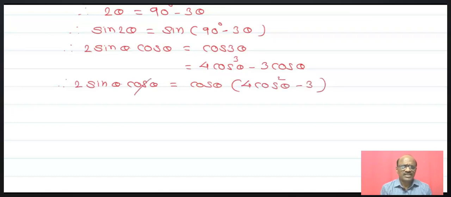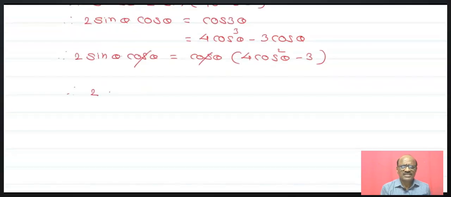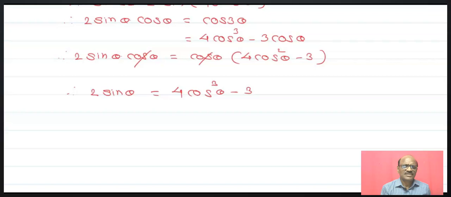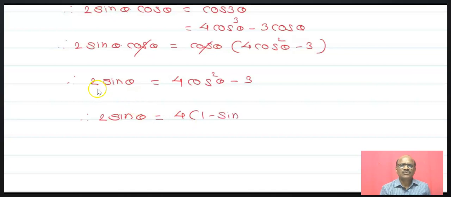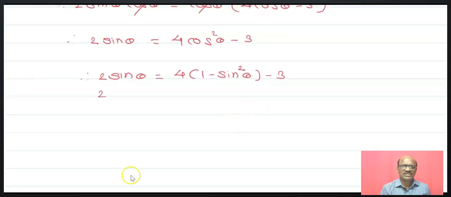Then you will get 2 sin theta is equal to 4 cos square theta minus 3. That is 2 sin theta is equal to 4 times 1 minus sin square theta minus 3.